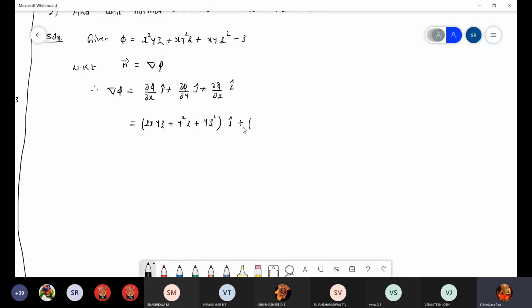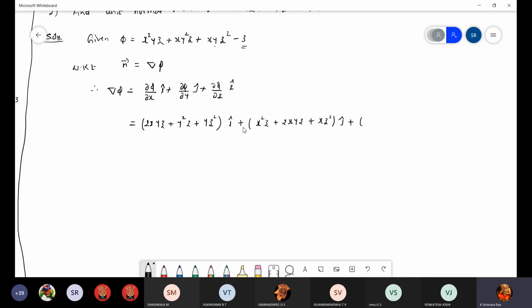With respect to y: x squared z plus 2xyz. Y squared differentiation is 2y, plus y differentiation is 1, x z squared, and the constant is always 0, into j cap.